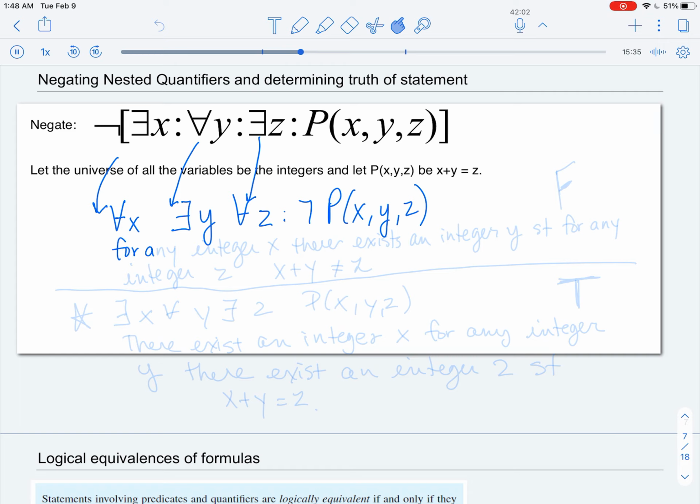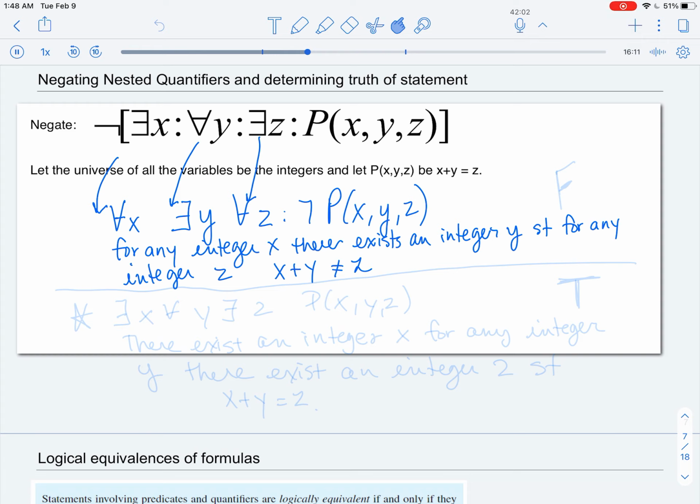For any integer x, there exists an integer y such that for any integer z, x plus y does not equal z.